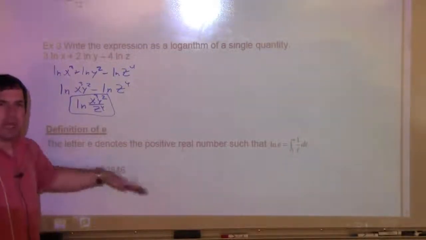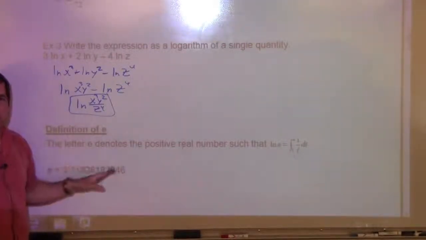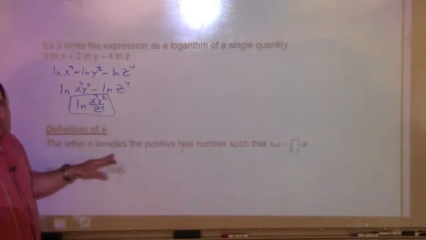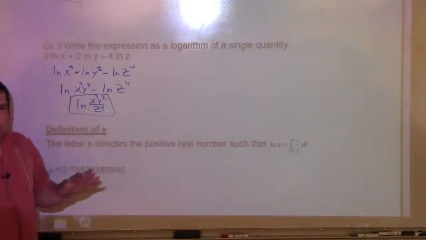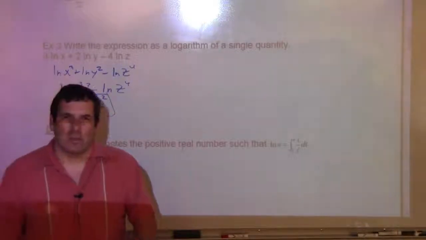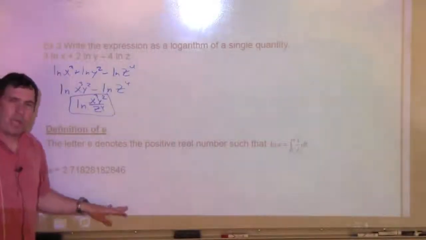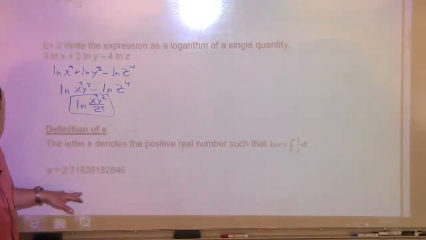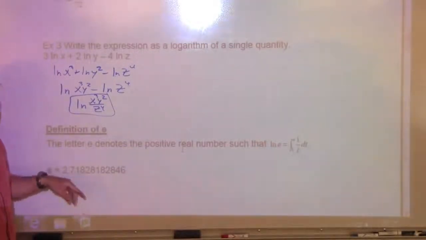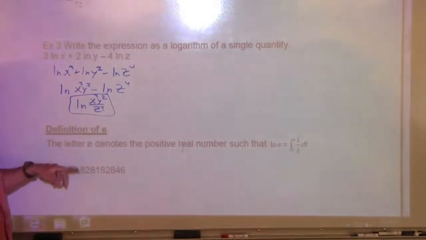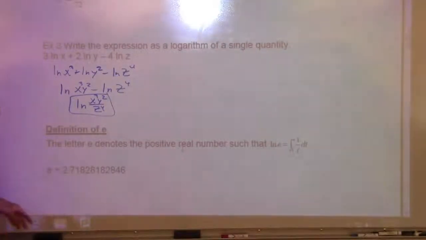It's like pi. It's irrational. It'll never repeat and never terminate. It has a lot of good uses, though. And in Calc 2, I encourage you to stick around because we have yet another definition for e. You probably remember from your pre-calc days that there's a limit definition for e. I think it's the limit of 1 plus 1 over m to the m power as m goes to infinity.